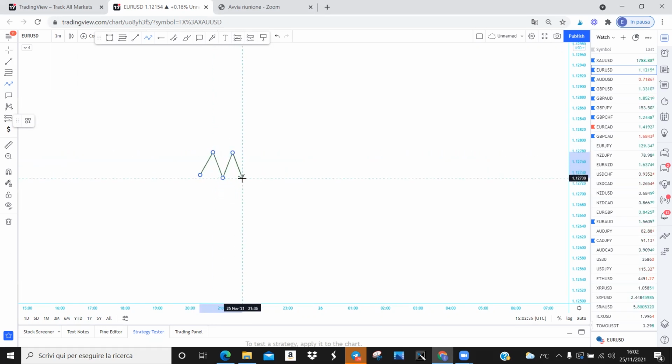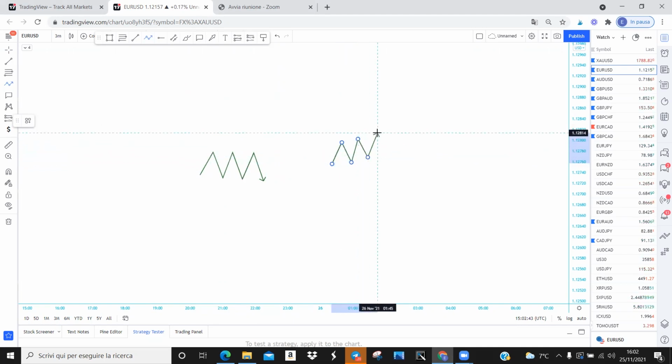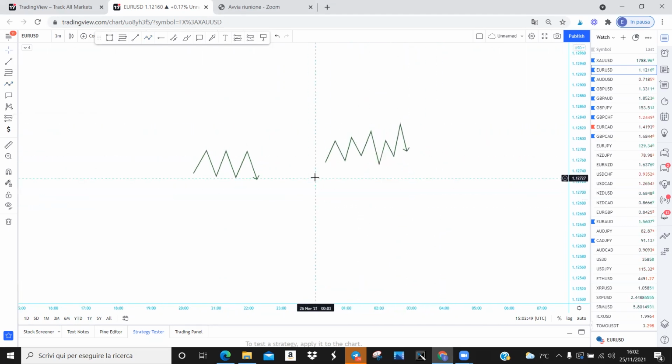It can be just a lateral range. It can be a range with a little bit of trend, but not really trending, okay? Something like this, but overall it's a range, okay? It's not like the market is really trending or making the moves.